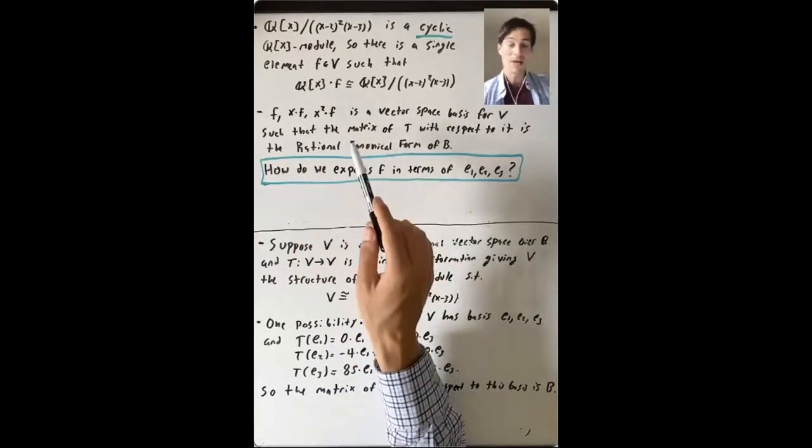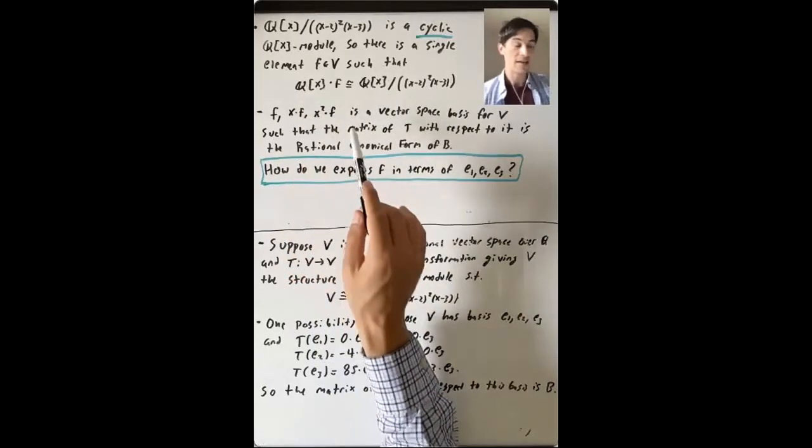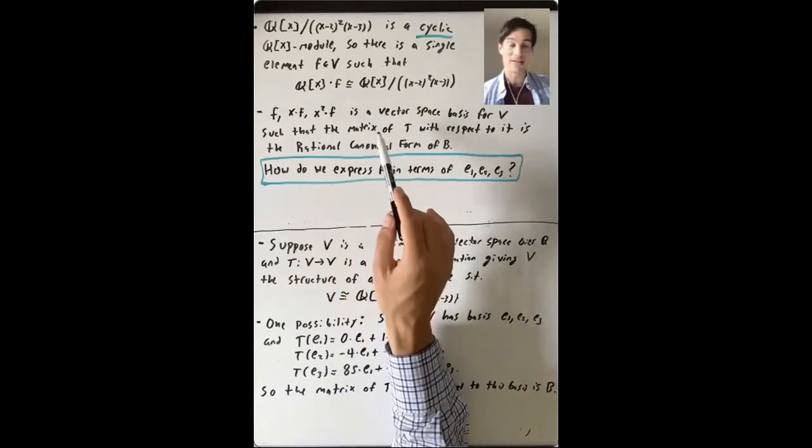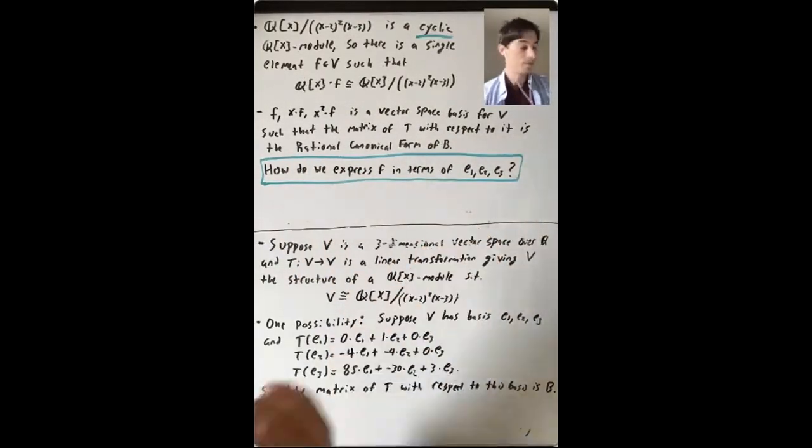So there is some f such that you take these three vectors and the matrix of T with respect to this basis is the rational canonical form of B.